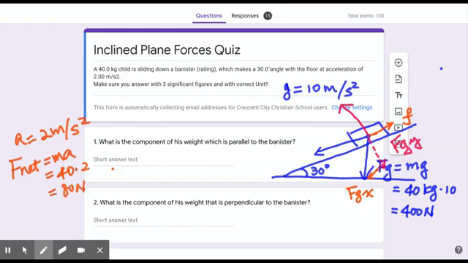Remember, based on the free body diagram, since it's sliding down, the whole direction is going down. So our FGX must be bigger than our frictional force.